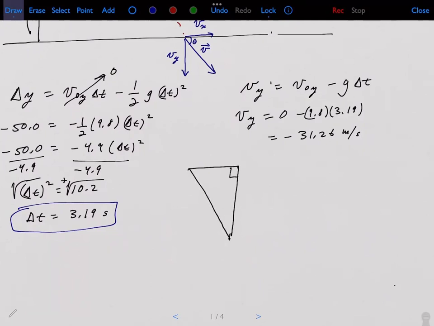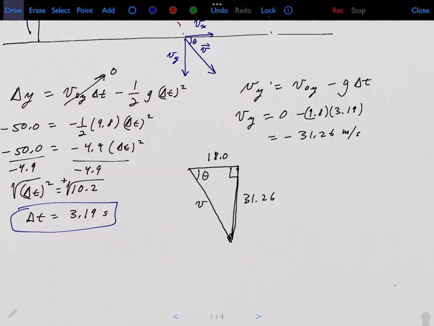Let's see. I know Vx is 18, so this side is 18. And we just said Vy is negative 31. So that means the length of this side, I don't need the negative anymore because I'm just dealing with a triangle, so the length is 31.26. I want to figure out what this magnitude is, V, and what this angle is, theta.